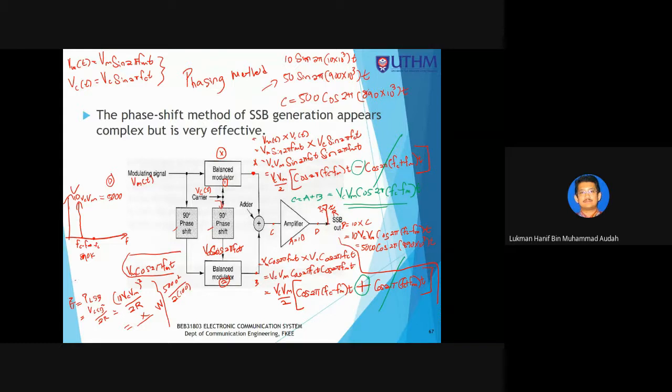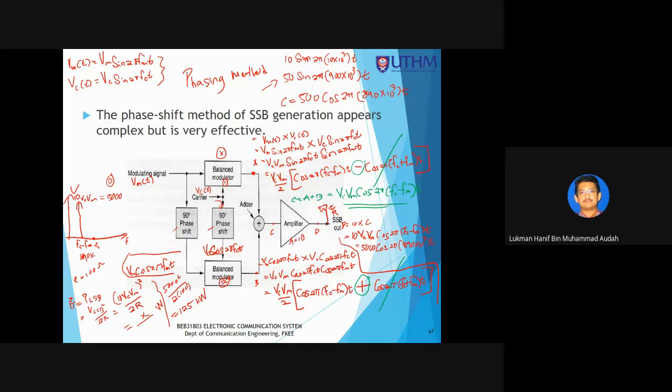Then you can calculate. 5000 kuasa 2 dibahagikan dengan berapa? 200. So jadi 125,000 lah. 125 kilowatt.